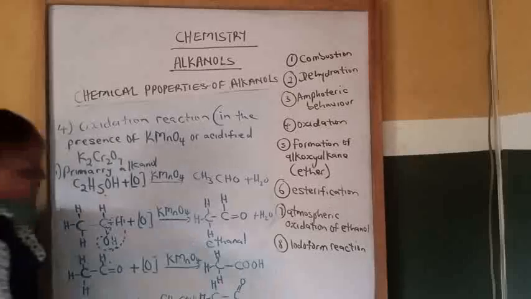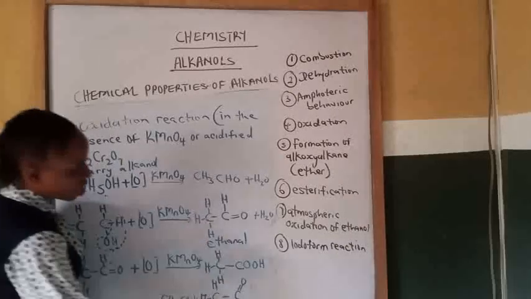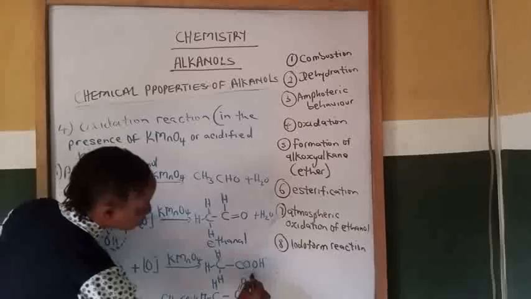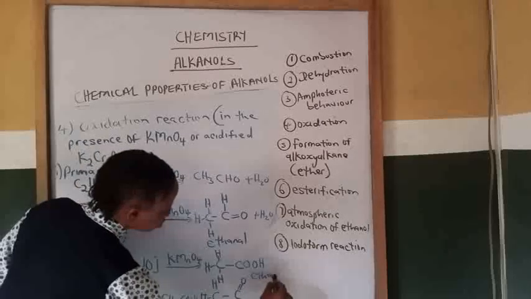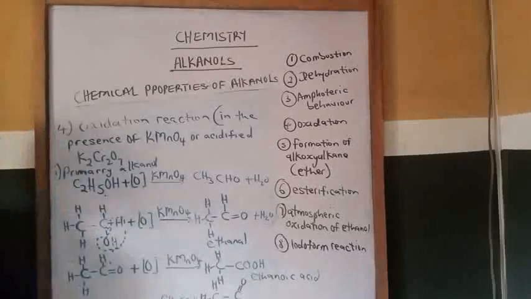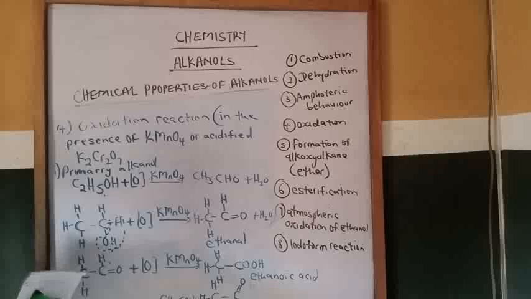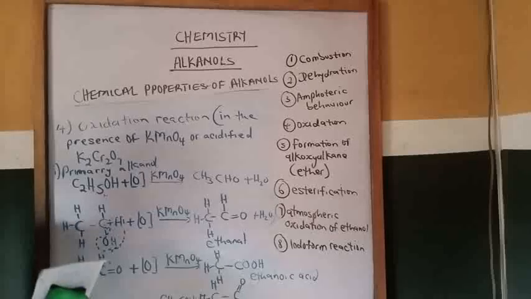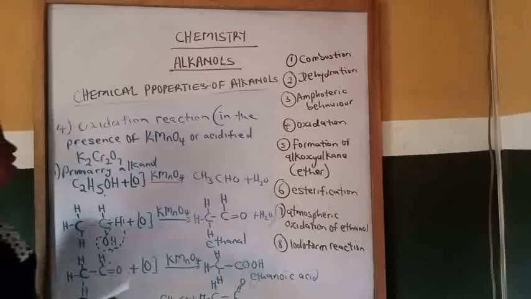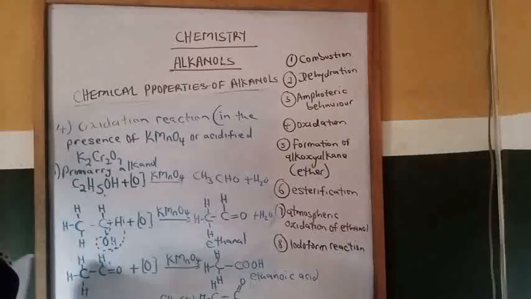Which is known as what? Ethanoic acid. Our final product is ethanoic acid. That is oxidation of what? Of a primary alkanol. Oxidation reaction of a primary alkanol.